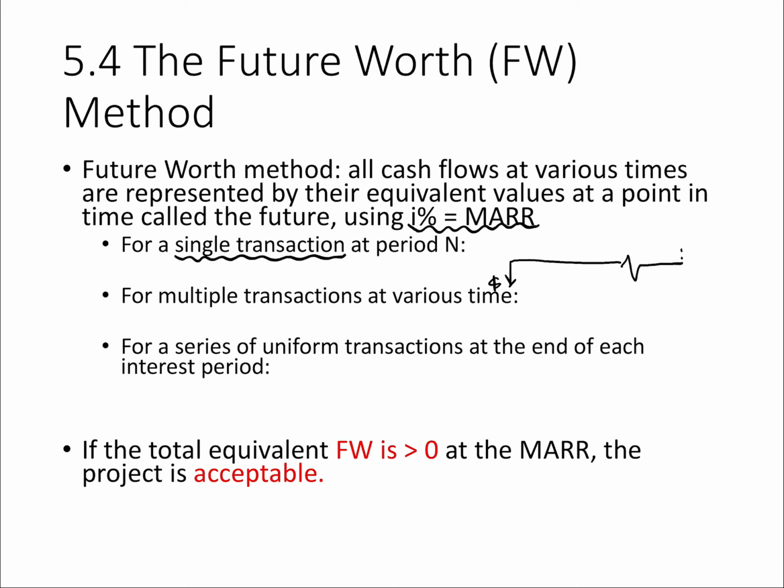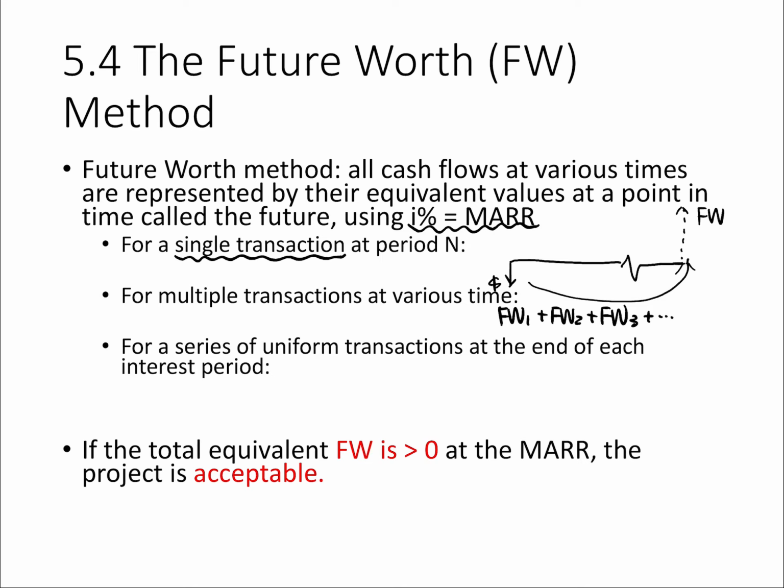Also, you have different scenarios to convert. You can have a single cash flow at the beginning. So you have a single amount investment at the beginning, and after many years, you're going to have some receiving out of that investment. What is that future worth? You just want to convert that to the future time. Also, if you have multiple transactions or multiple cash flows, you're going to have multiple parts of the FW: FW1, FW2, FW3, and so on.